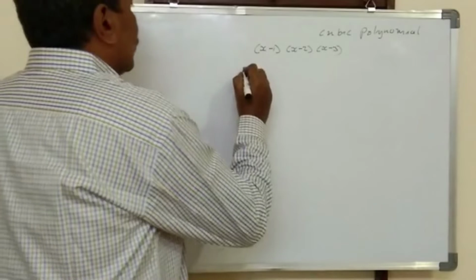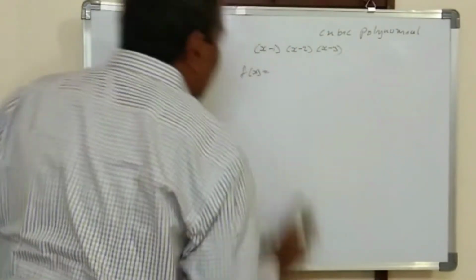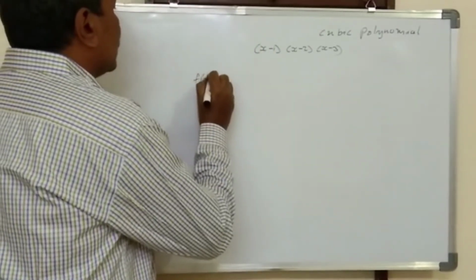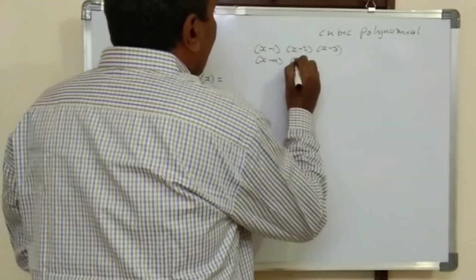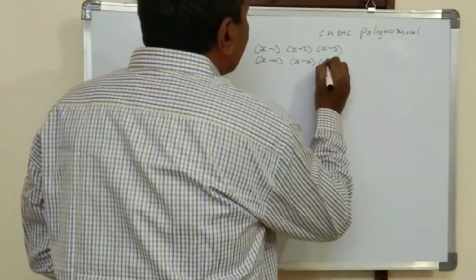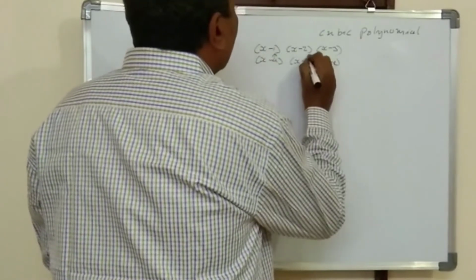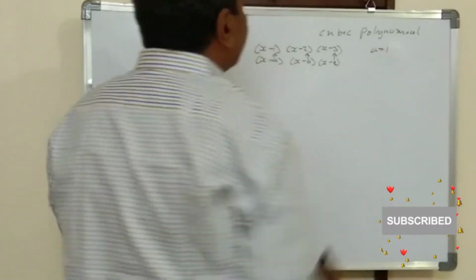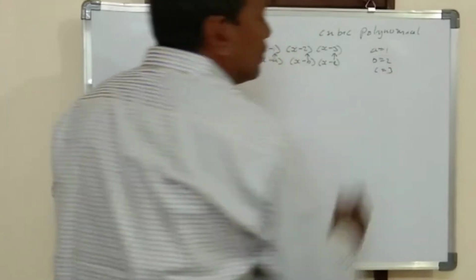So f(x) is equal to, or you can take g(x) or h(x), whatever you like. Here x minus a, x minus b, x minus c, so a is equal to 1, b is equal to 2, c is equal to 3.